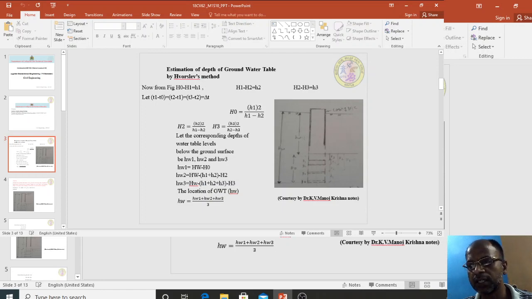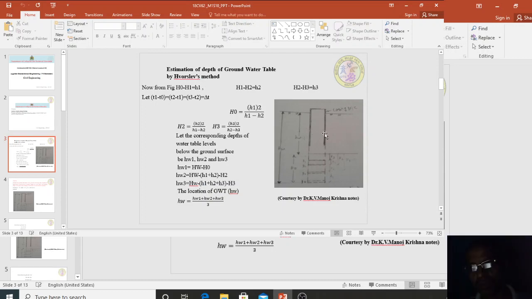Once the level of water in the surrounding area is equal to the level of water in the borehole, the water level becomes constant. Once the water level becomes constant, use some pumping arrangement for evacuation of water from the borehole.